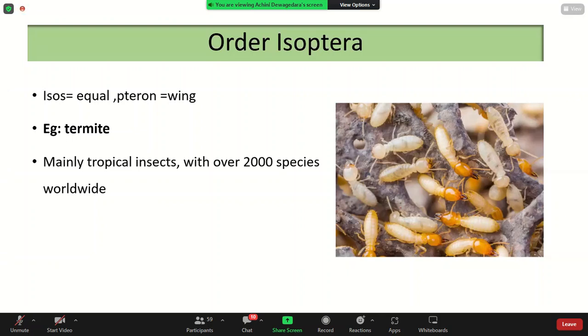Okay, the example is termites. Generally, they are tropical insects, and there are more than 2,000 species.